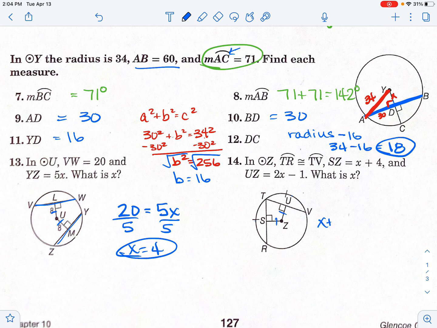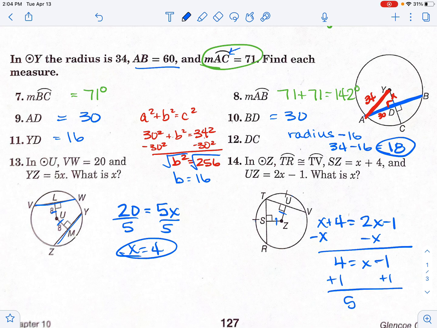So x plus 4 is equal to 2x minus 1. You move your variable to the other side. And you solve.